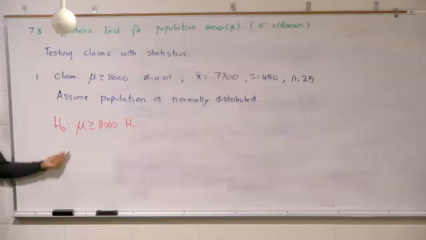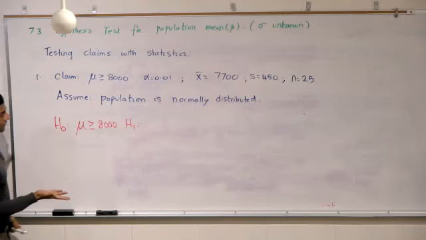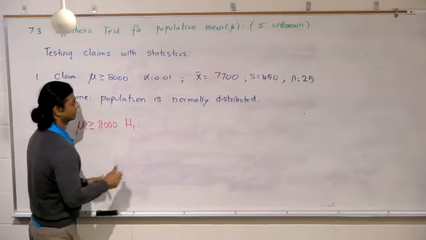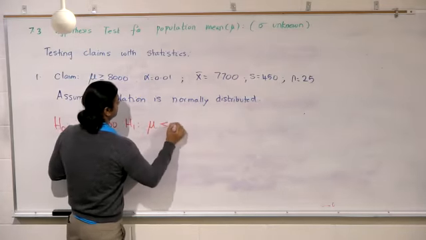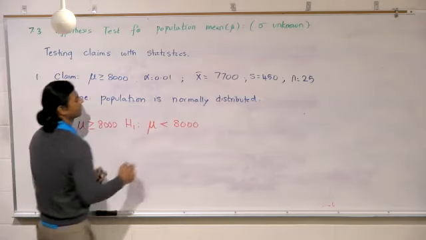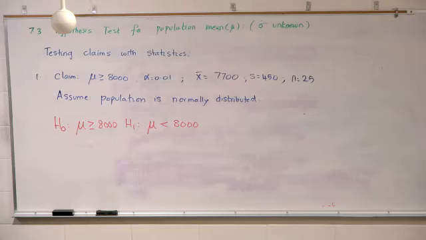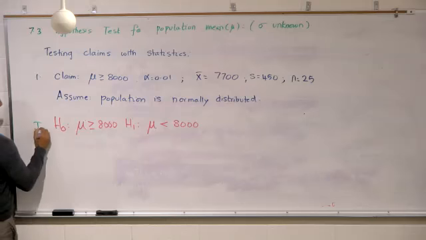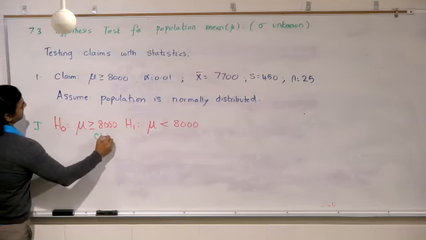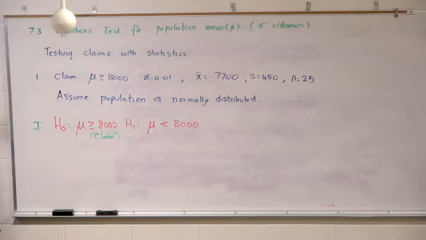So if the null is mu greater than or equal to 8,000, what is the alternative? Mu less than 8,000. In this case, the claim is in the null.